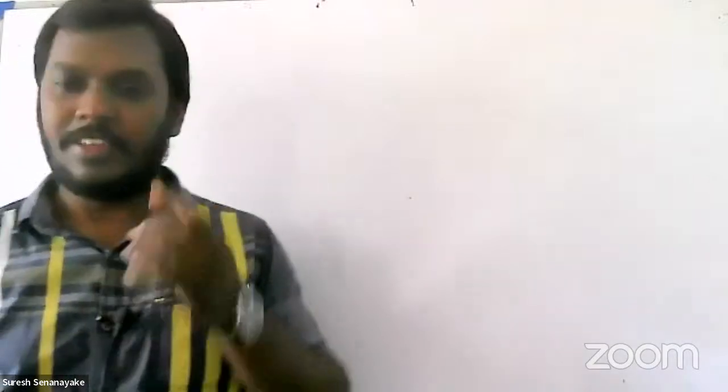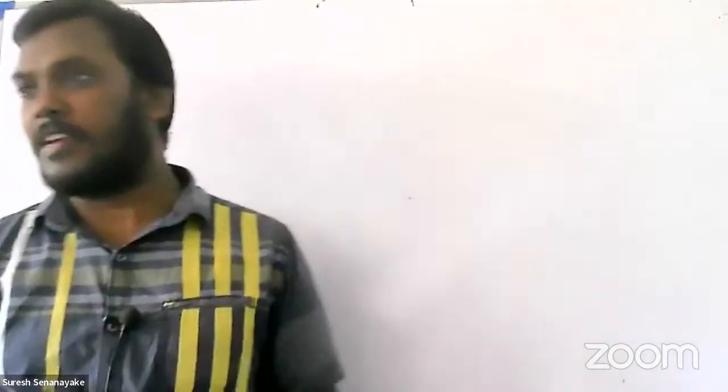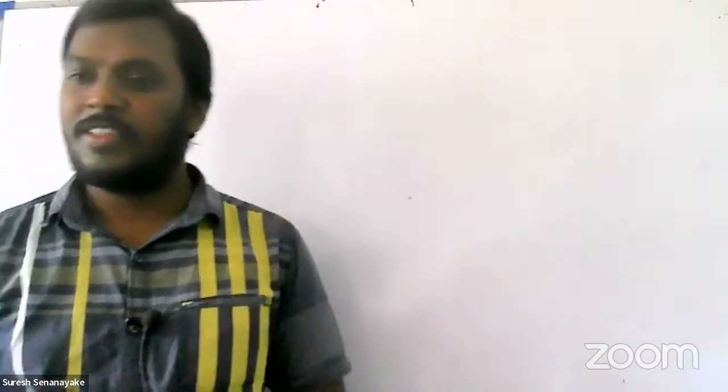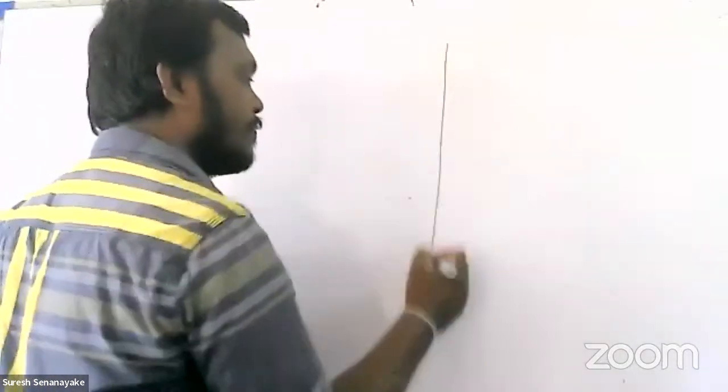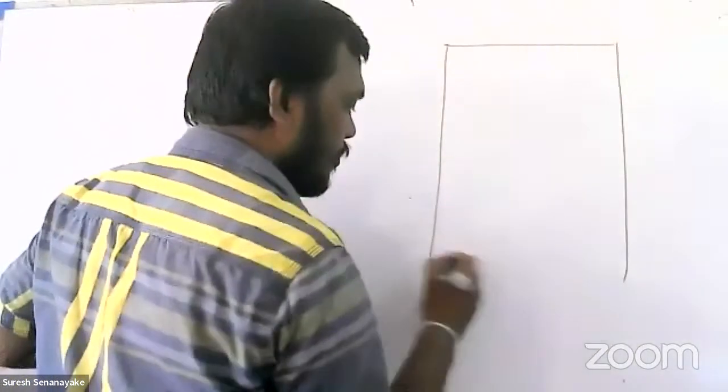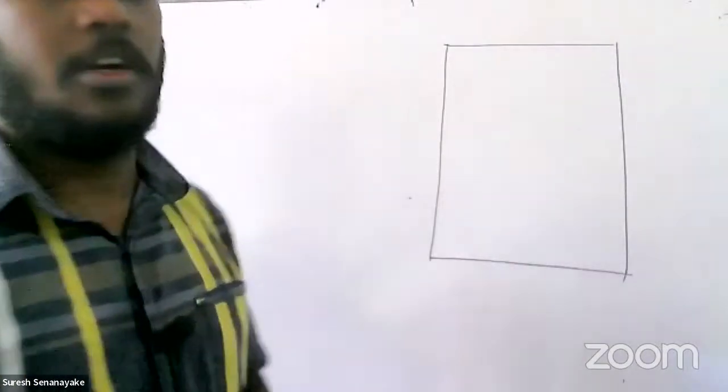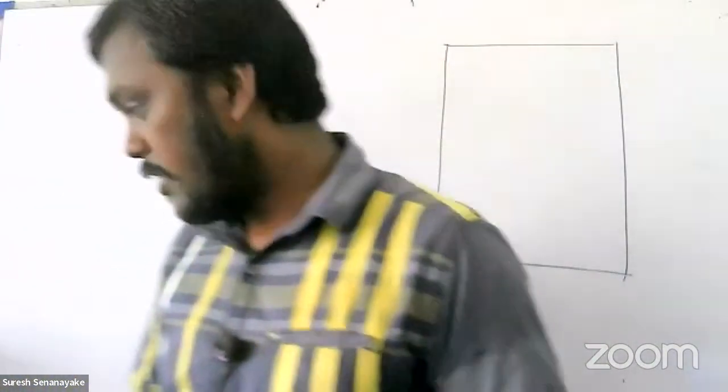But in the A levels, you have to use graph paper with small squares. That means 1 millimeter square graph paper, right? You can check it. Normally you need to use the graph book to record your experiments.